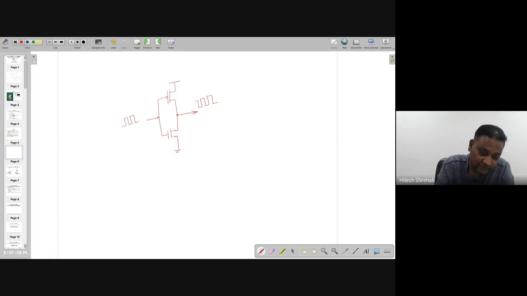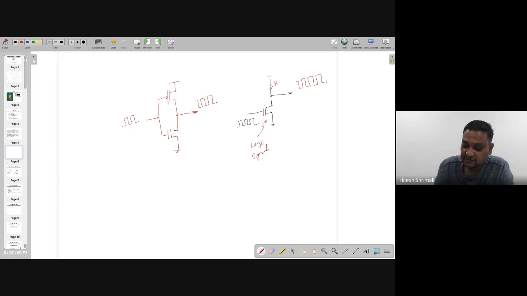What if I do this instead? First of all, the signals we are applying are large signals. This is a common source amplifier with some load resistance. With enough gain, you can achieve VDD and 0, no problem, right? And exactly the opposite will be available here. So this is also an inverter, but a different class of inverter.